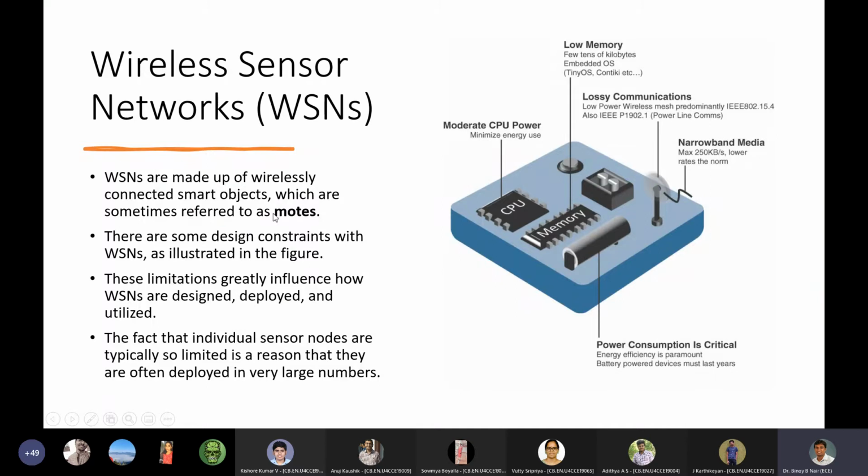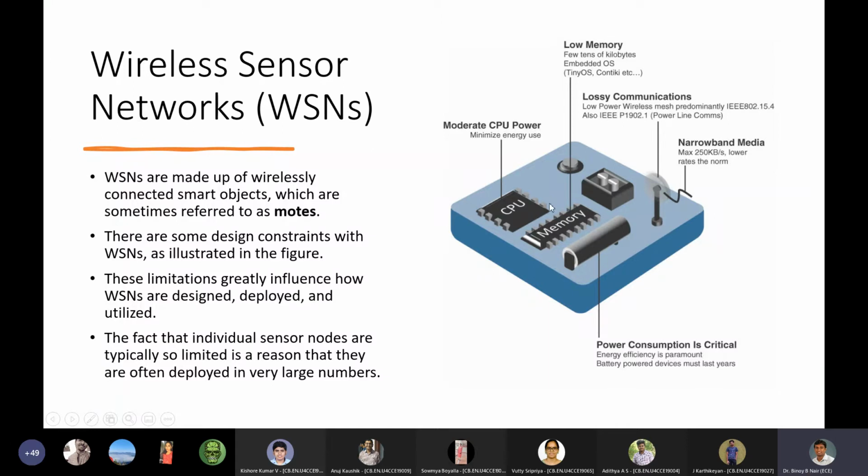So this is what I was talking about, motes. Typically wireless sensor network nodes, what we call things or nodes in our terminology, are referred to as motes in wireless sensor network terminology. It's only a difference in terminology, and you can see in the diagram too there is very little difference between the normal IoT node and a mote.